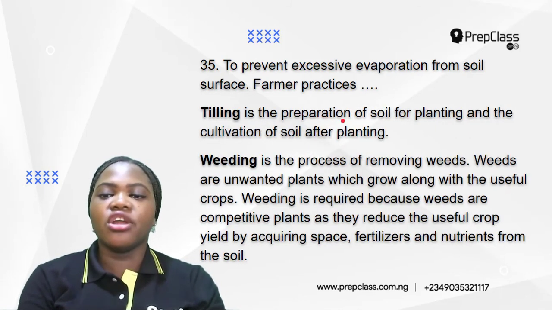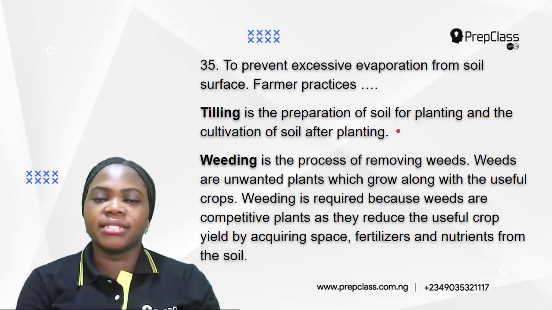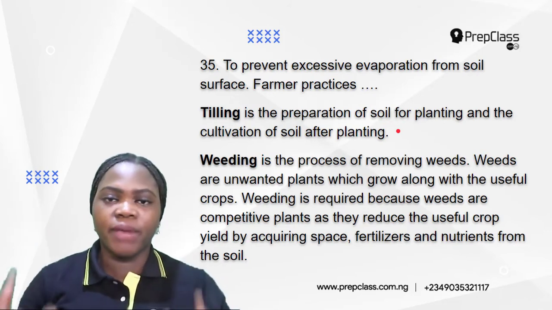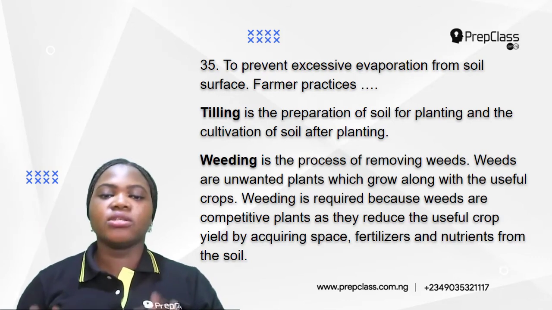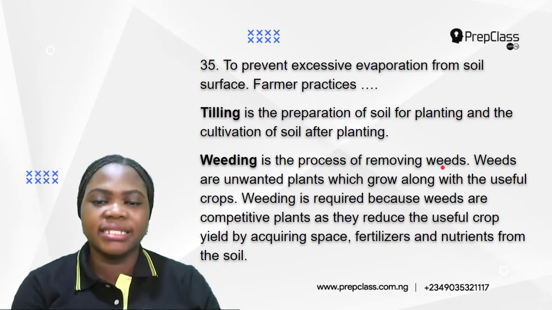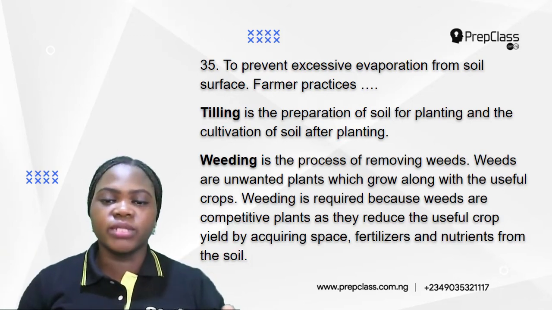Tilling is the preparation of soil for planting and the cultivation of soil after planting. So tilling of soil is preparation of soil for planting and cultivation of soil after planting. That is what tilling is. Weeding is the process of removing weeds. Weeds are unwanted plants which grow along with useful crops.